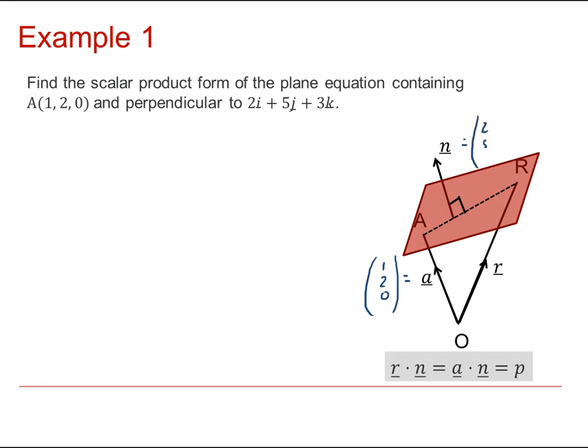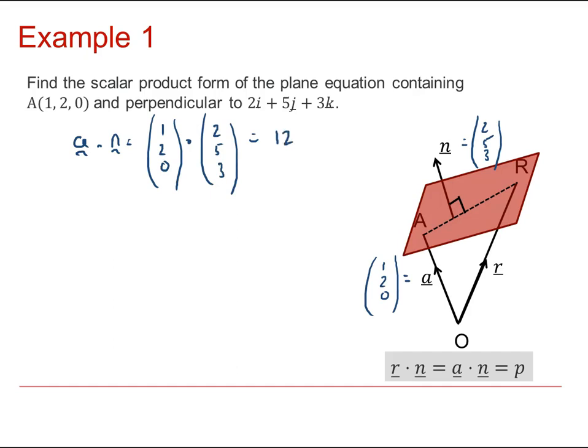First of all we need to work out the dot product of A and n to give us the value of P in our equation. So A dot n, the scalar product, is equal to 1, 2, 0 dotted with 2, 5, 3, which is 2 plus 10 plus 0, so 12.